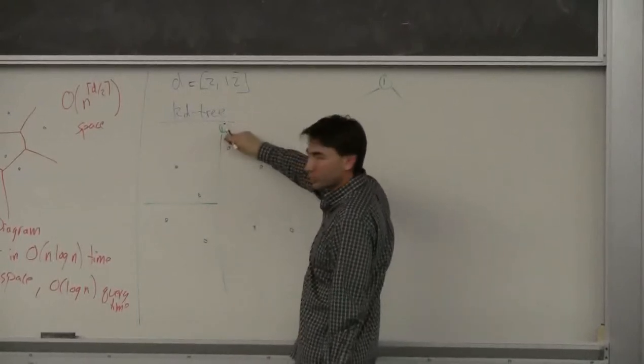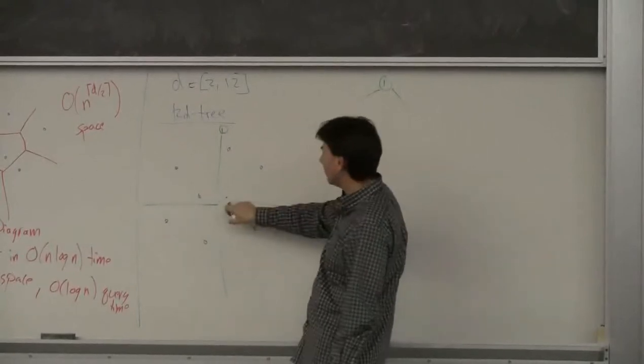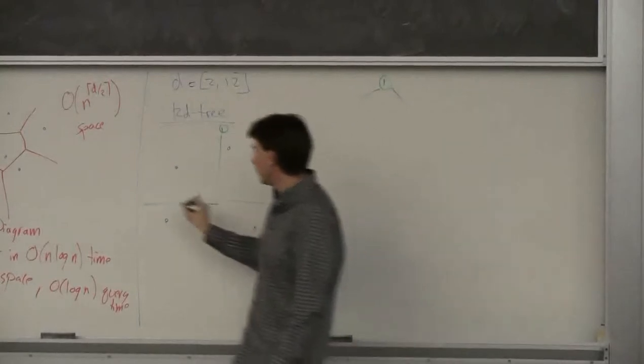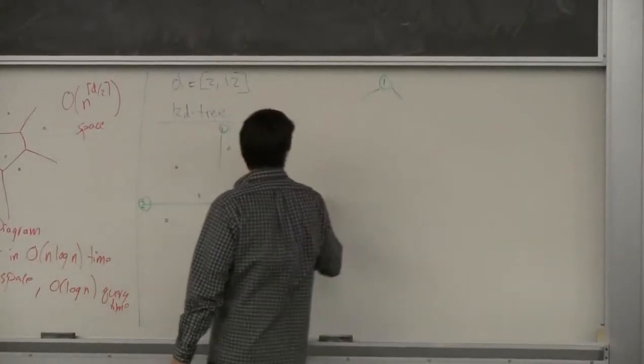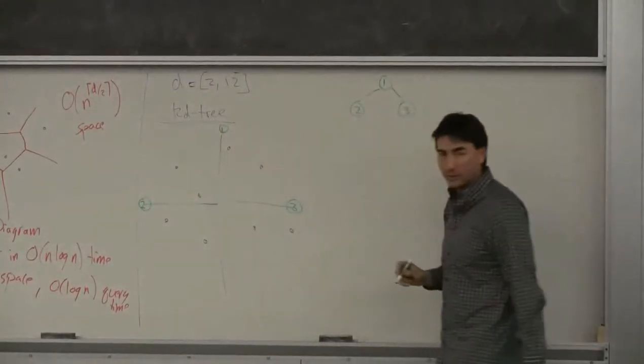You can have this go through one point, or pick the two nearby points and pick the median, but these splits are not necessarily in the same spot. So represent this split as value 2, value 3, and I'm going to have these nodes in the tree.